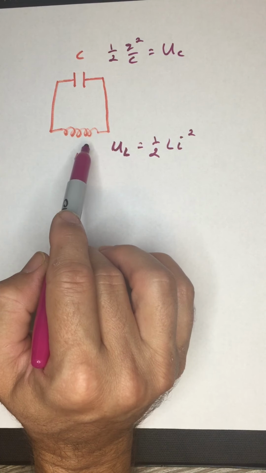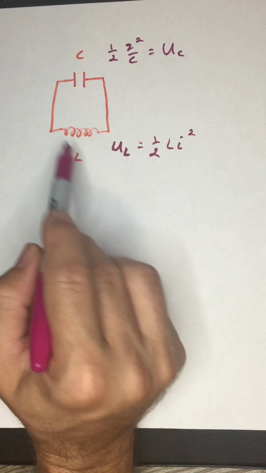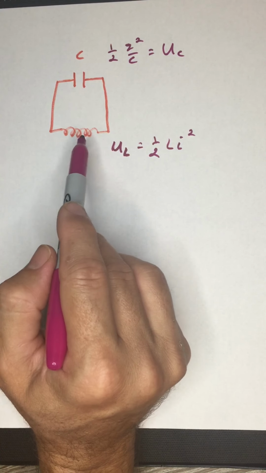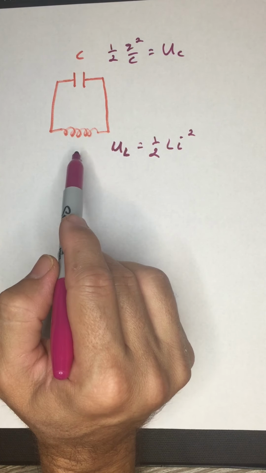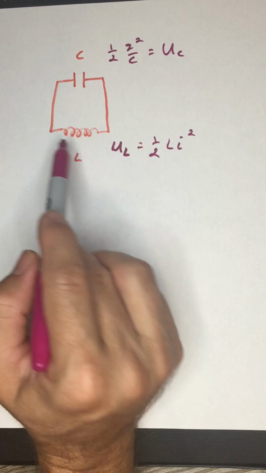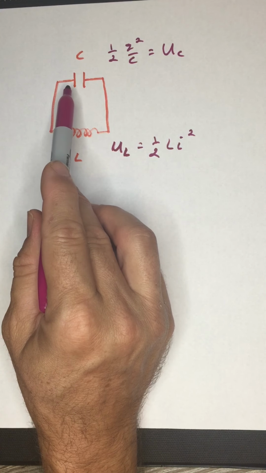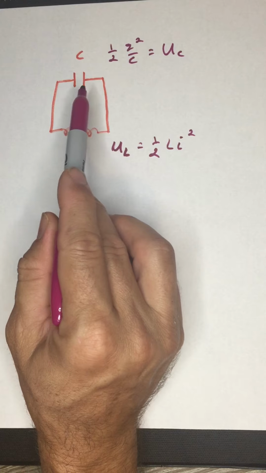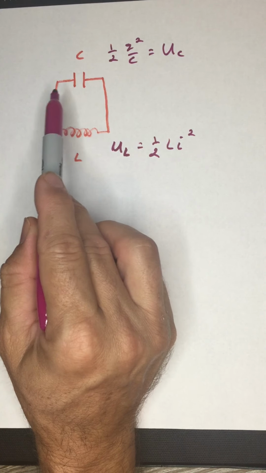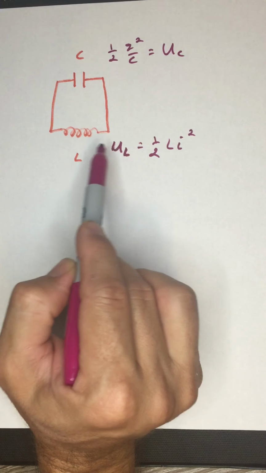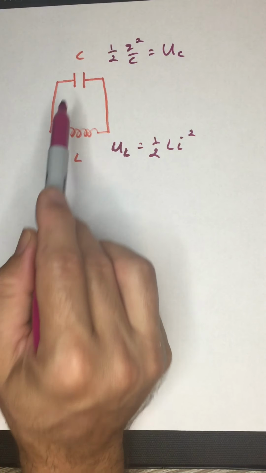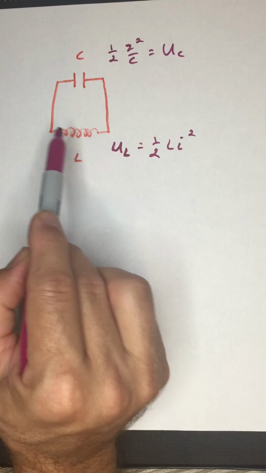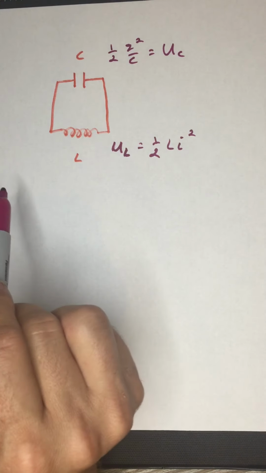I now have a current, and I have a changing current, which induces a magnetic field, which then keeps that current flowing after it would normally stop. And this capacitor charges back up. And so if you're looking at the positive charge on the capacitor, it just bounces around from one side to the other. I charge, a discharge, a charge, a discharge, and so on and so forth.